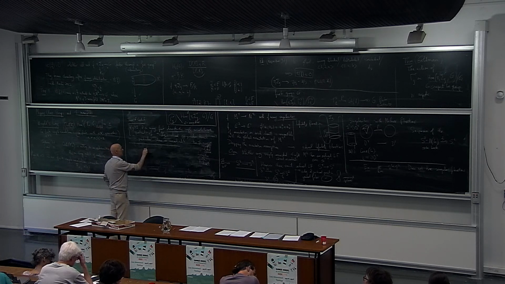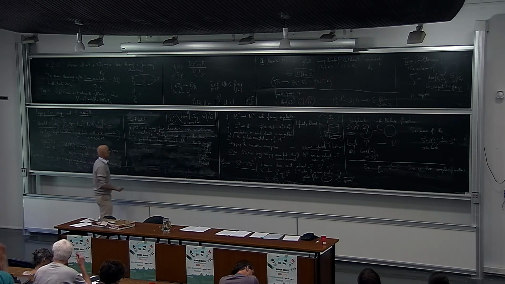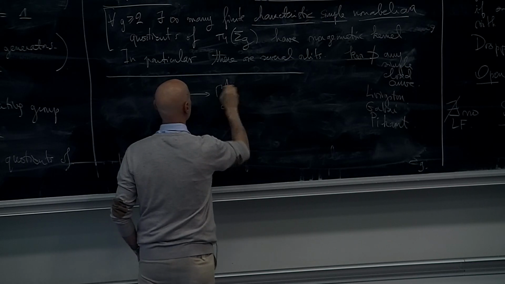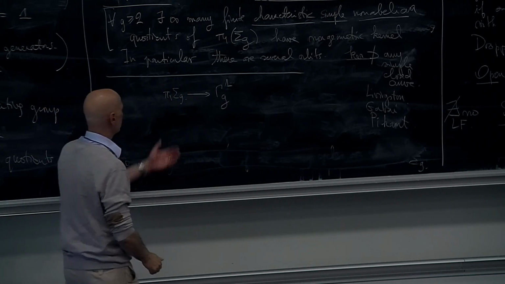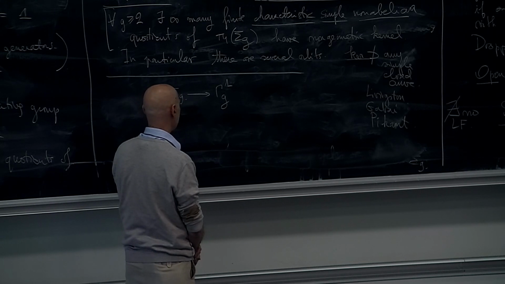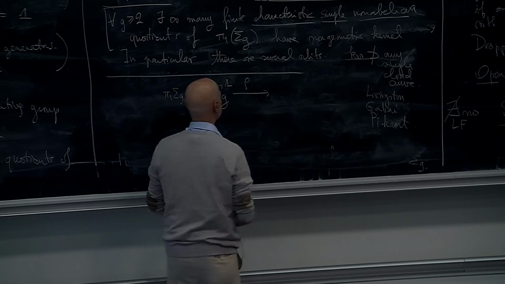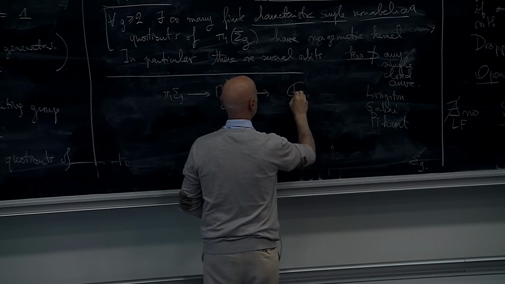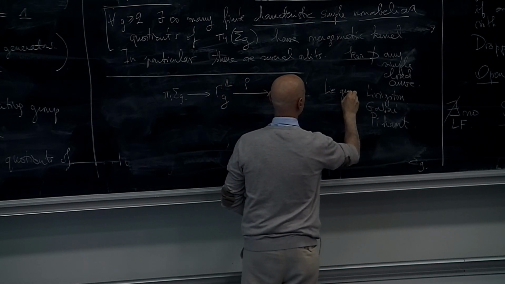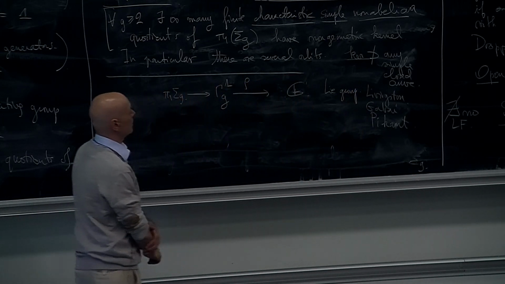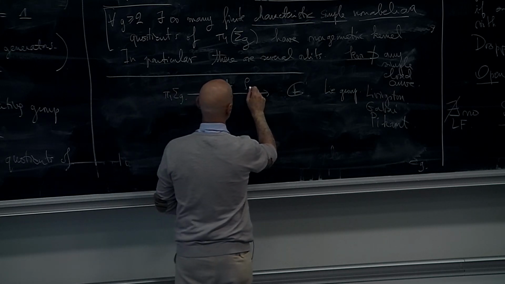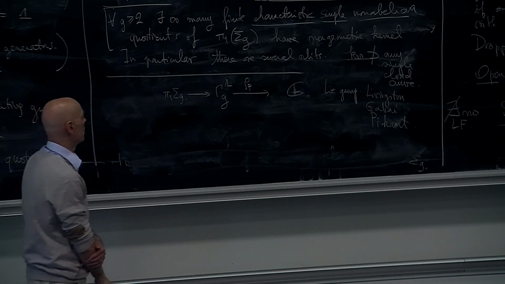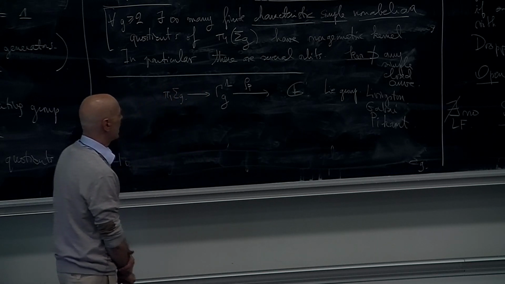You take pi_1 of Sigma_g, you send it into Gamma_{g,1}, the mapping class group of a surface with one puncture, and then you take some representation into P G, where I'm putting here some big G, which is a real linear algebraic Lie group, and here is one of the representations which Renaud described in great detail in the last days.